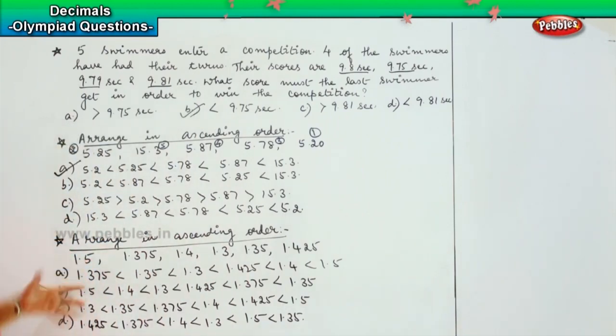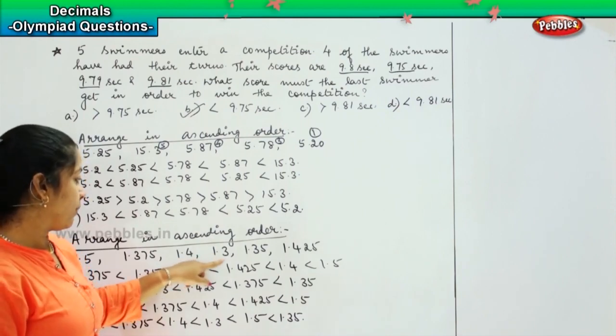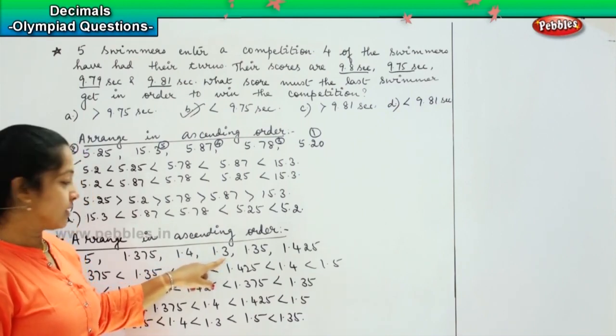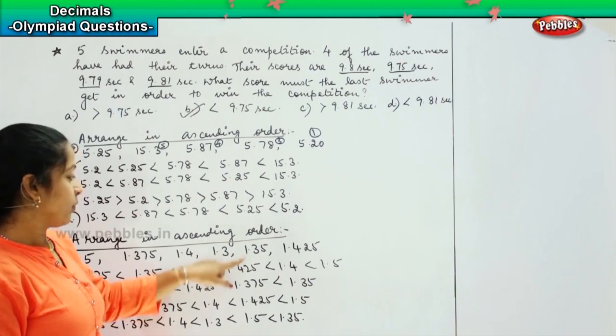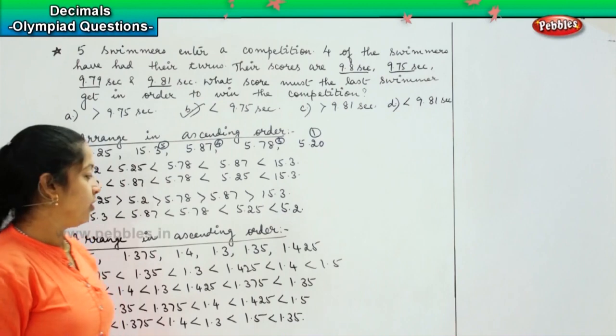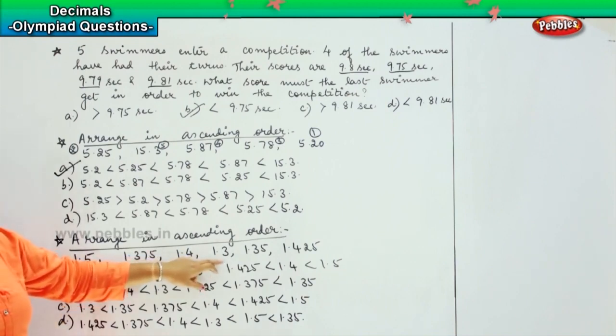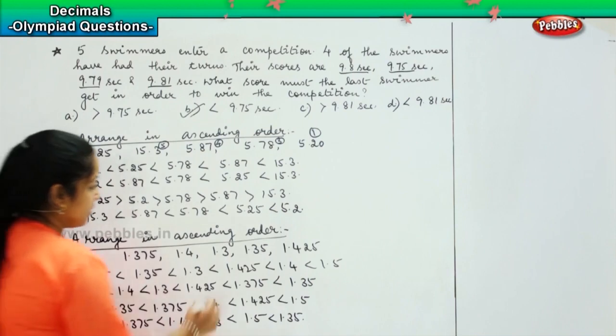Okay. So again we will be arranging the numbers from small to big. 1.5 you can also write as 1.50. 1.375, 1.4 is equal to 1.40, 1.3 can be written as 1.30, 1.35 and 1.425. So after 3 if nothing is given, that means that it is 30, right? And here it is 5, 3 and 4. So the smallest number is 1.3.